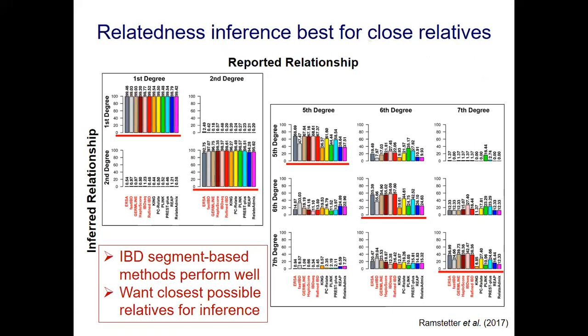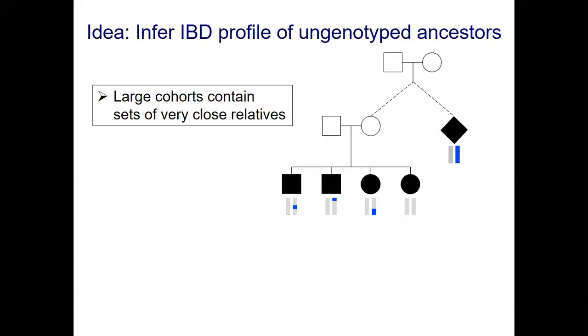So from this, we had an idea: we were interested in knowing whether we could try to reconstruct genetic information about individuals that we don't directly have data for. What I'm showing on this slide is a set of 4 siblings and one of their distant relatives, where the blue regions are regions where these siblings are IBD, or identical by descent, to this distant relative.